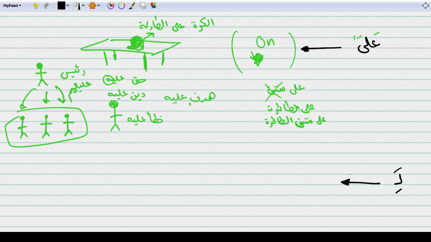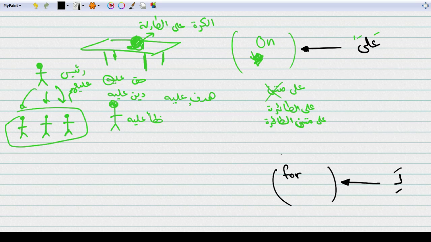When you say li, or lahu, laha, it means a possession, someone who owns something. You would say lahu, meaning for him. So li means for. You can say that in Arabic, on and for are opposite. It doesn't work like that in English, but that's how it is in Arabic. So ala and li are opposite.